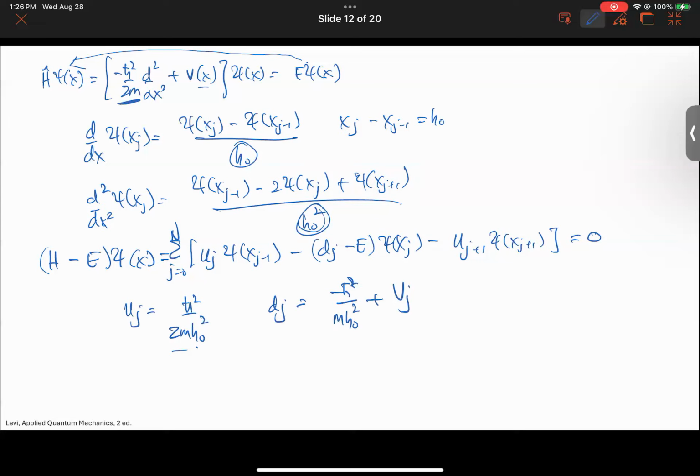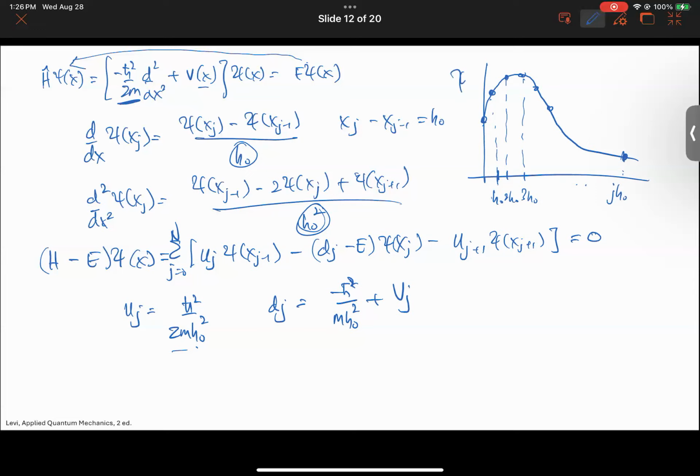So that's the potential at each step. Because your wave function has, for example, this shape, you discretize it. So this is h naught, then this is 2h naught, then 3h naught, and so on and so forth. In other words, this is j h naught.